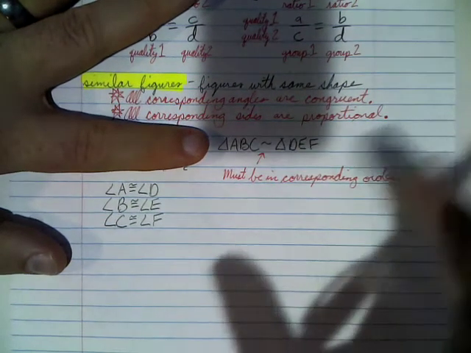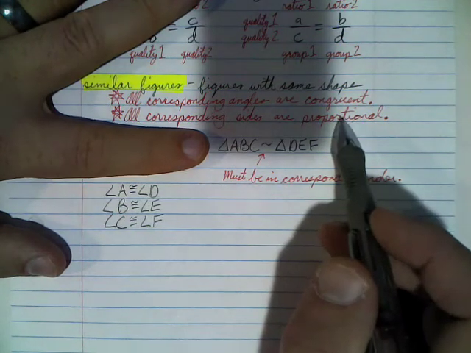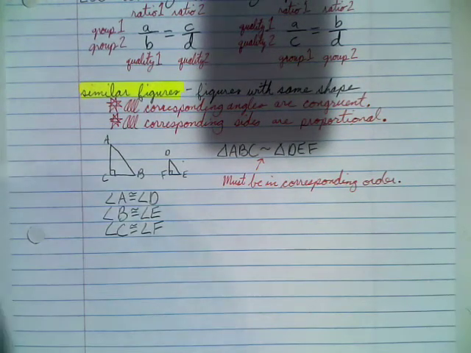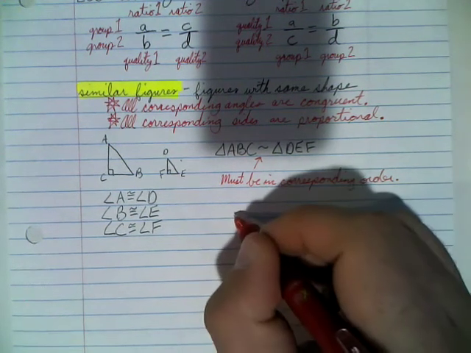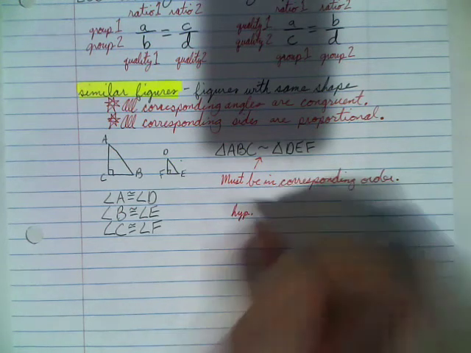Now, I know more than that, actually, because I also know that the corresponding sides are proportional. And this is what I was talking about up at the top, where we've got some flexibility in our thinking. So let's say we choose a quality here to talk about, like the hypotenuse. Hypotenuse is pretty easy to identify.